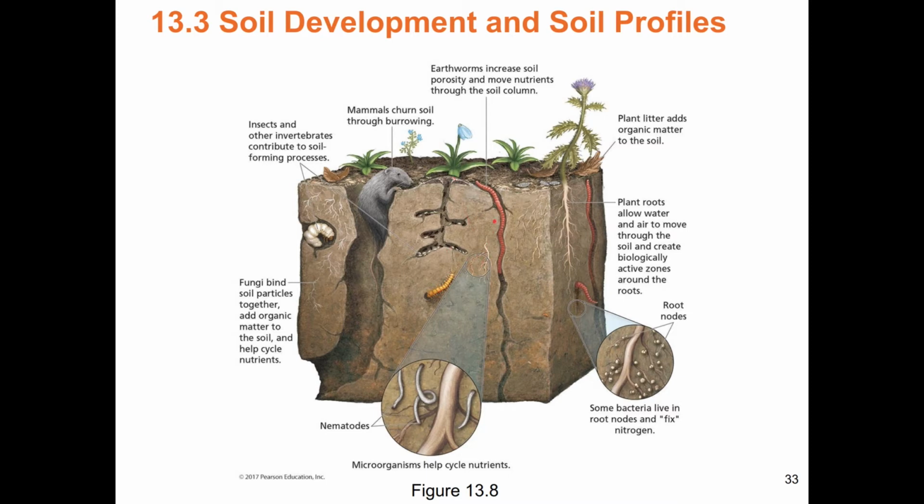And when they do that, they create tunnels that act as airspace. There's decomposers. As the plants grow through the soil, they help break it up. As these organisms crawl and migrate through the soil, they also break it up and make it looser. That allows roots to grow more easily. Fungi help bind everything together and add organic matter and help cycle nutrients.